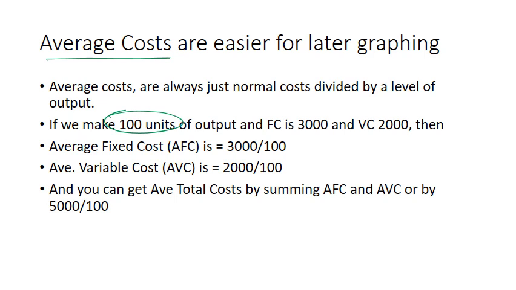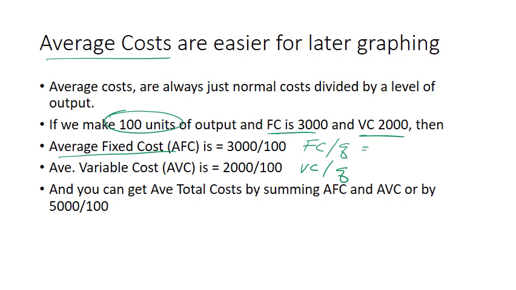So if we make 100 units of output and we have a fixed cost of $3,000 and a variable cost of $2,000 at 100 units of output, then our average fixed cost is just our fixed cost divided by the quantity that we're making. And our average variable is just our variable divided by the quantity.